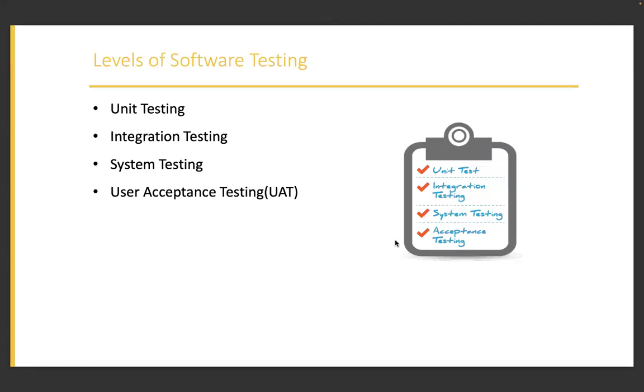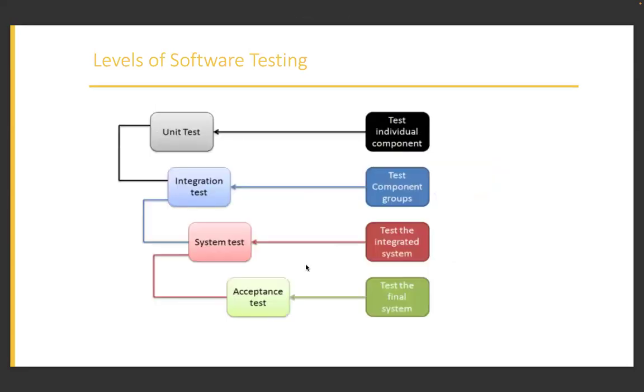Now, these are the four major pillars of software testing, guys: unit, integration, system, and UAT. Out of that, system testing has a few more categorizations. Unit, integration, and UAT are as we have spoken.